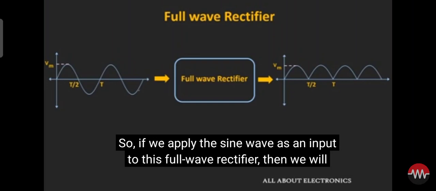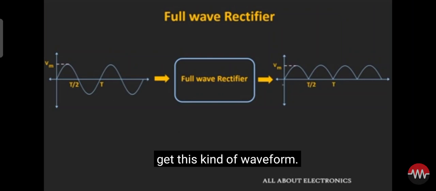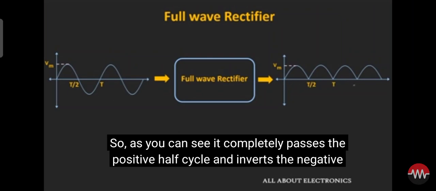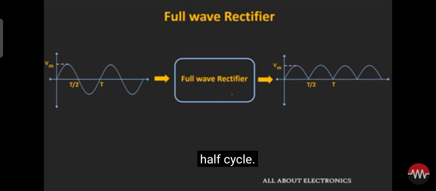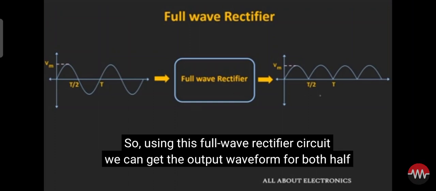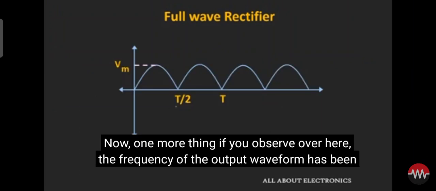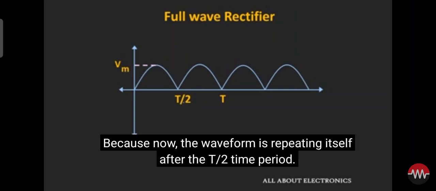If we apply the sine wave as an input to this full wave rectifier, then we will get this kind of waveform. As you can see, it completely passes the positive half cycle and it inverts the negative half cycle. So using this full wave rectifier circuit, we can get the output waveform for both half cycles. One more thing, if you observe over here, the frequency of the output waveform has been doubled, because now the waveform is repeating itself after the T/2 time period.